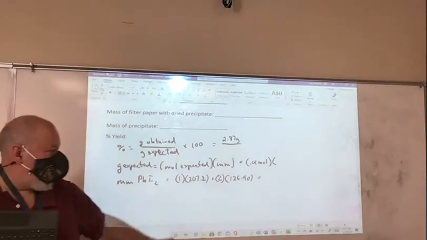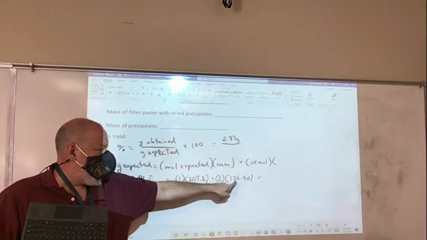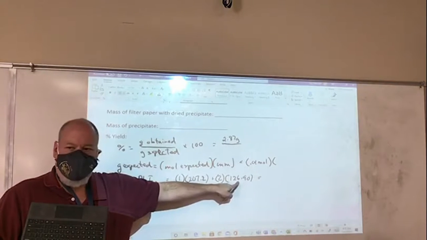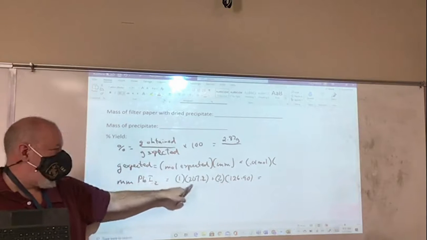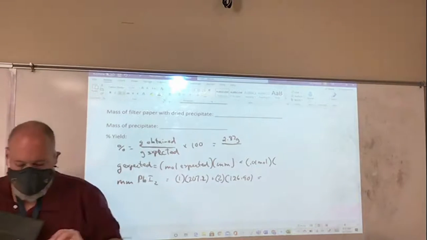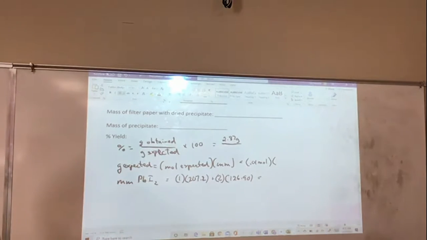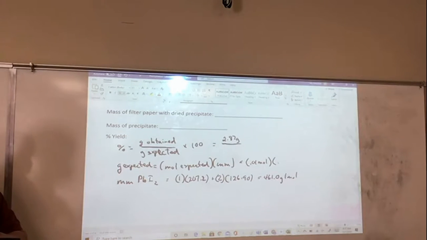So 2 times 126.9 is 253.8, right? 253.8 plus 207 is going to give me 461. So 461 grams per mole.